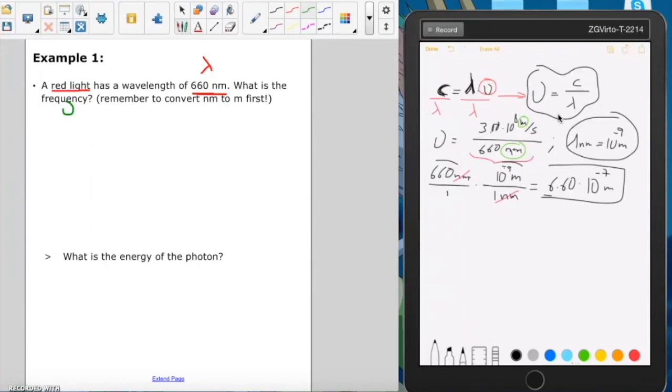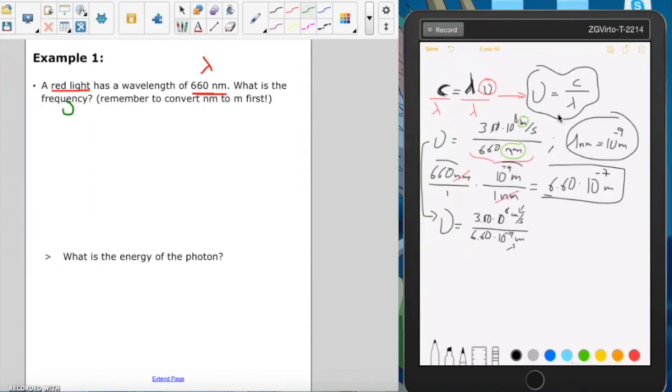What we're going to do is go back to this equation over here and solve it. So the frequency equals 3 times 10 to the 8 meters per second divided by 6.60 times 10 to the minus 7 meters. Okay, so as you can see, you have meters here and you have meters here.